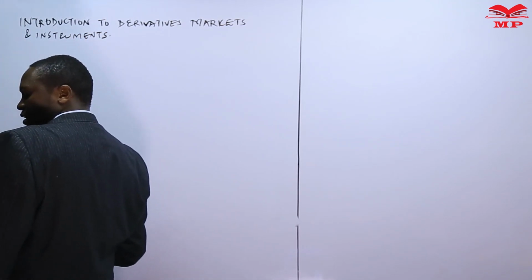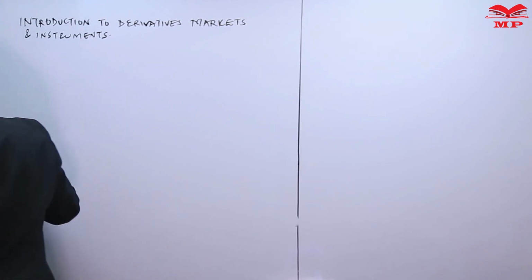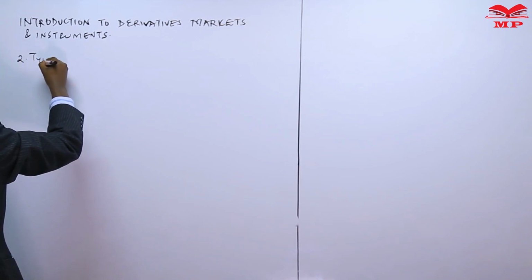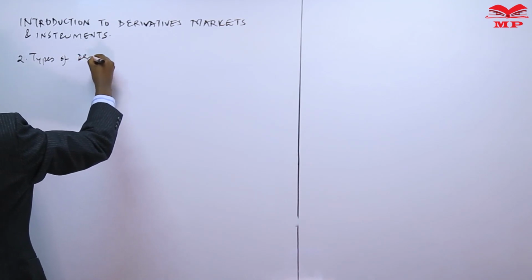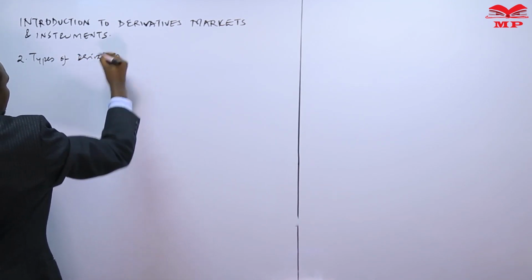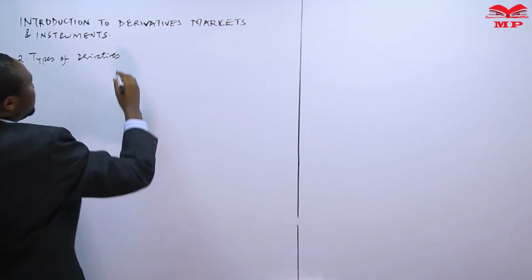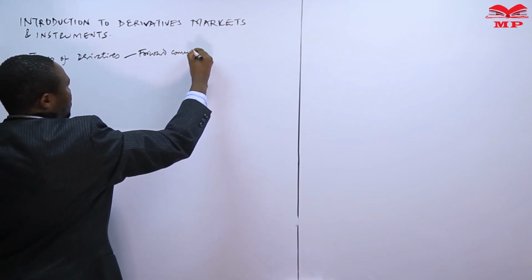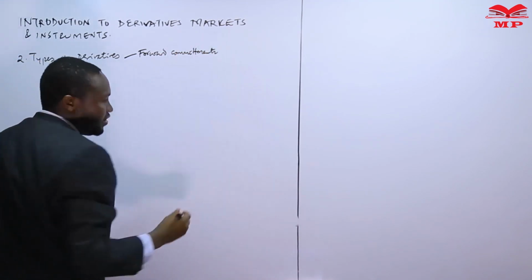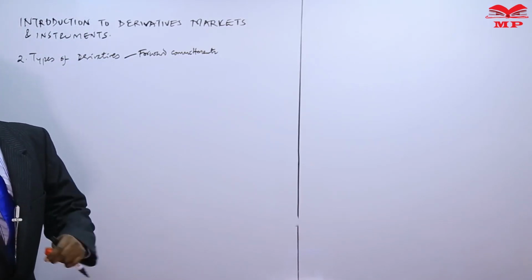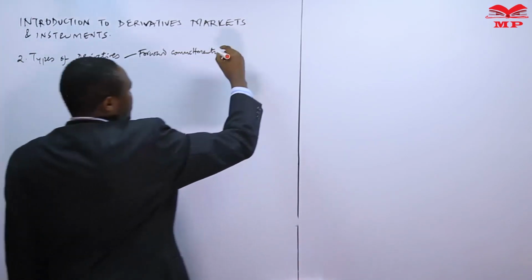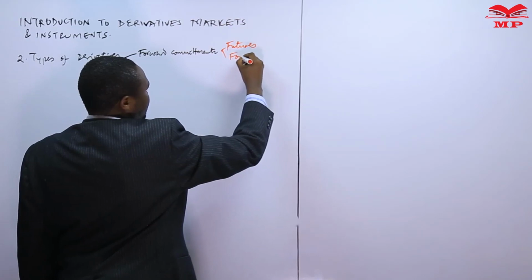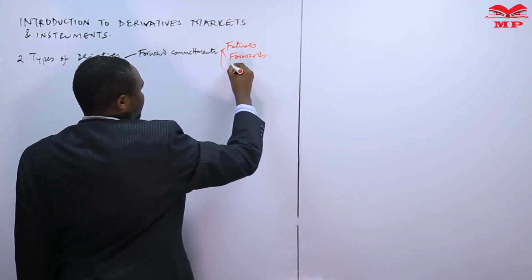We're on the topic types of derivatives. In the types of derivatives, we have seen forward commitments, and in forward commitments we have seen three types: the futures, the forwards, and the swaps.